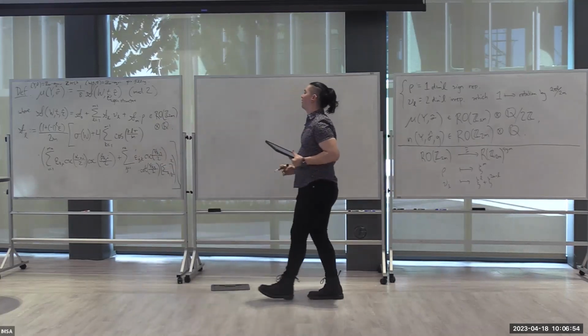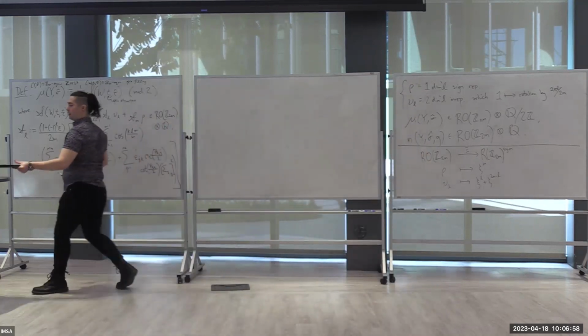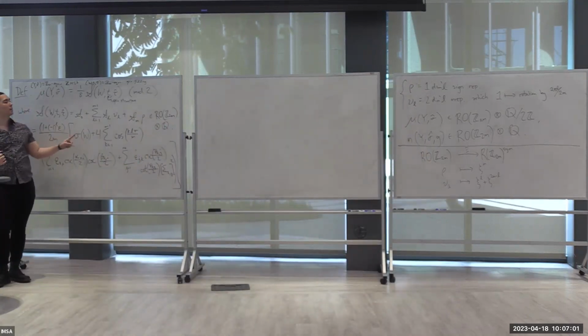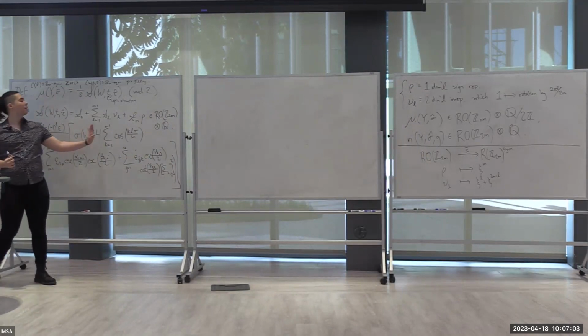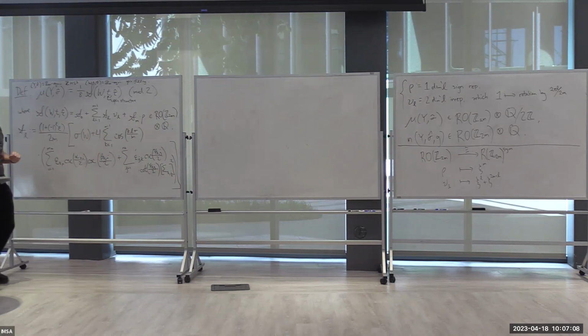Let me say a little bit about where this all comes from. So the idea is that these terms involve the signature. But then we're perturbed by these extra terms involving a bunch of nasty trig sums.